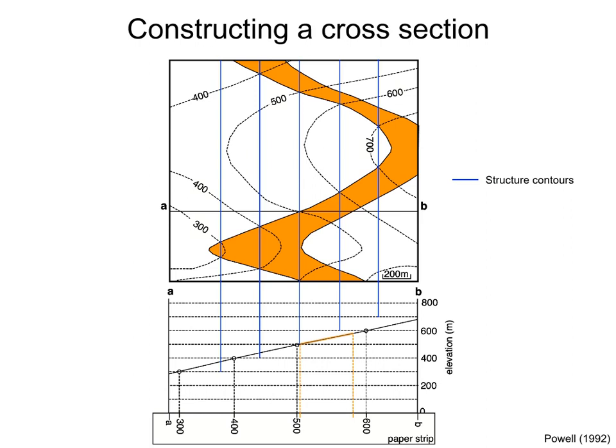Notice that we can do this directly from the map to the cross-section, because the cross-section is perpendicular to the structure contours and the strike of the sandstone. Using these intersections, we can draw the top of the sandstone in the cross-section. Also, using the contact of the base of the sandstone on the topographic profile, we can draw this horizon parallel to the top. At this point, we have completed the cross-section.